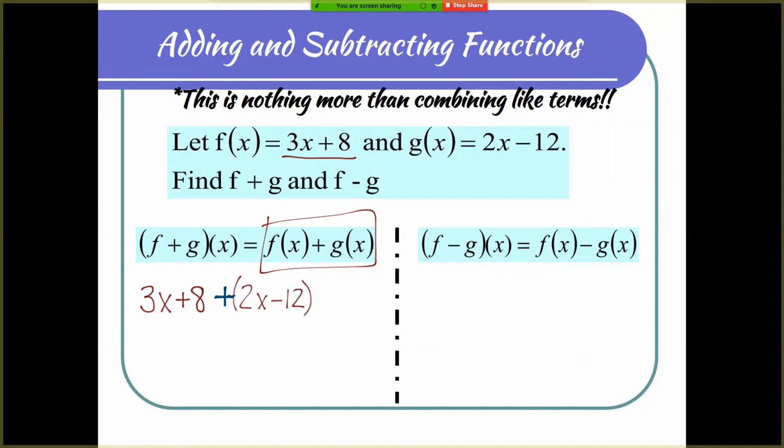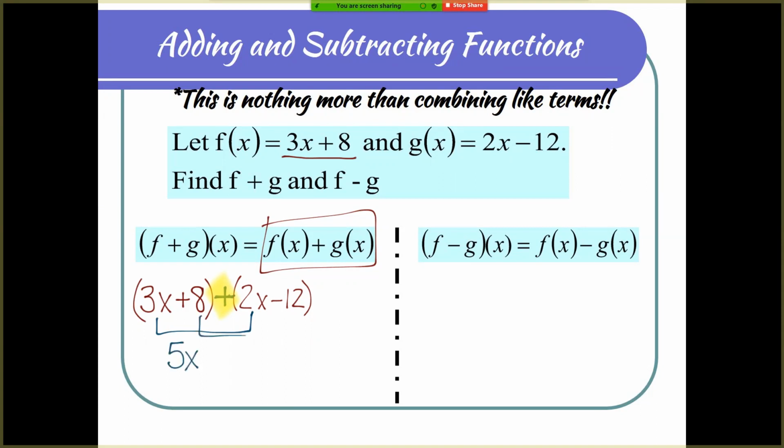Sometimes you'll see people put these in parentheses because it makes it easier for them to see what they've done. That's okay. But since here we have an operation in the middle, that's addition. Anytime you have addition, all I'm asking you to do is combine like terms. Looking here, I have like terms of 2x and 3x. 2x plus 3x is 5x.